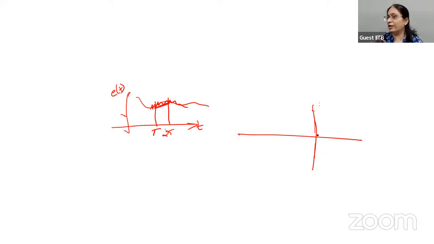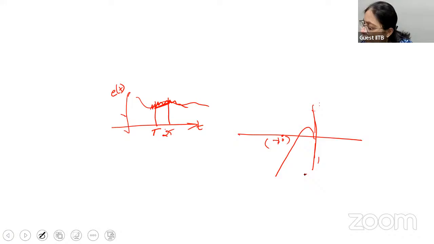It's a frequency plot for getting the stability margins and so on. The typical plot is like this, and this plot should not encircle the -1, 0 point, if you recall that. So what happens if my frequency of operation is this? This point on the Nyquist plot is my frequency of operation. So I have this much available stability margin in order to cross this -1, 0 point.